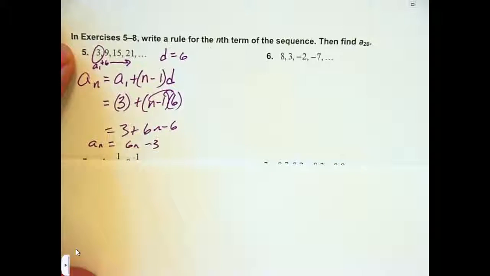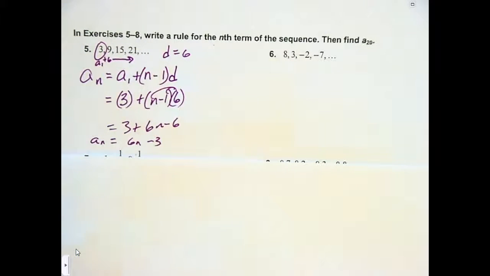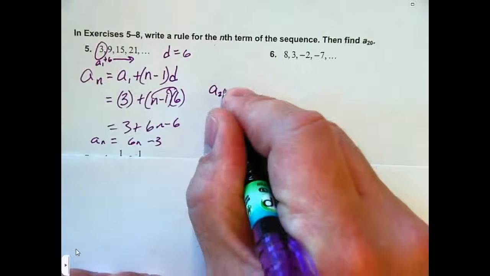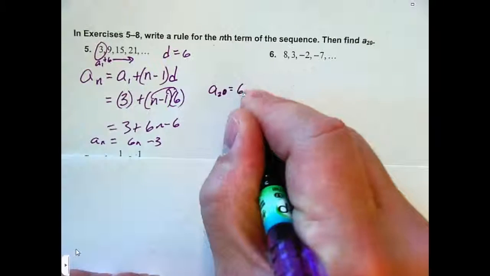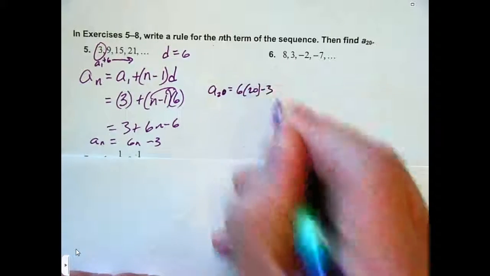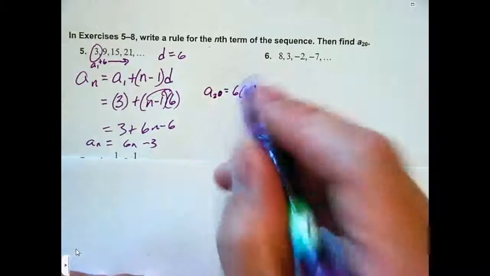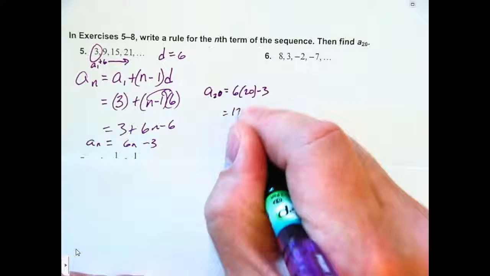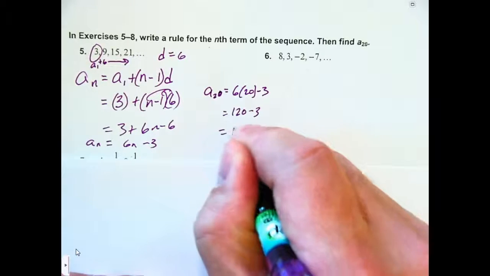Once we know that, we can plug in 20 for n and get a sub 20 is equal to 6 times 20 minus 3. That's 120 minus 3, or 117.